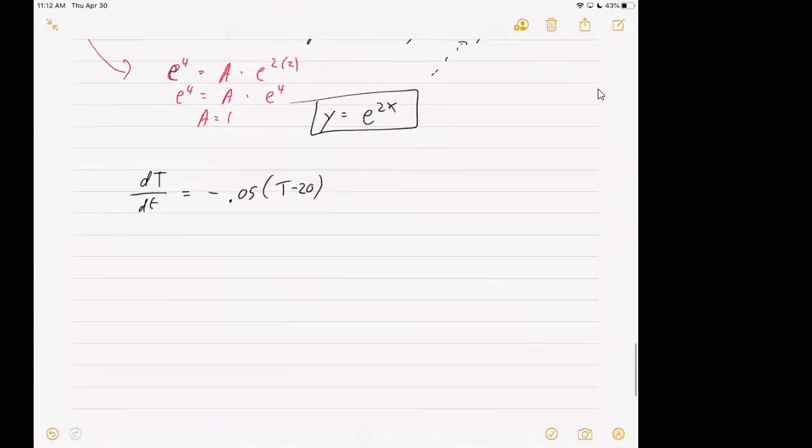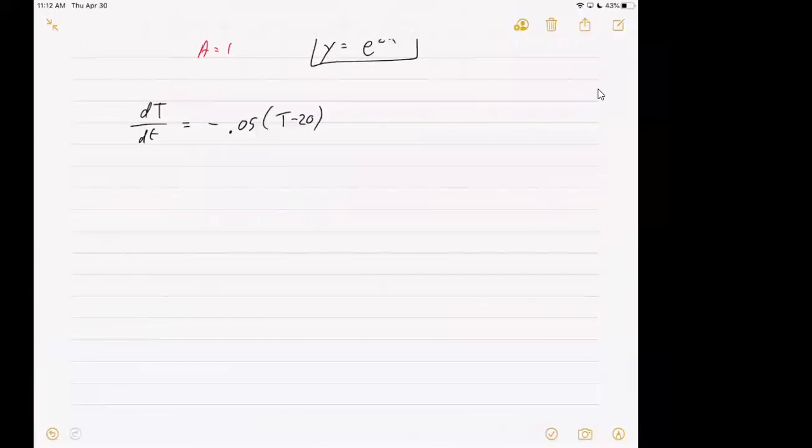And we saw that T equals 80 e to the negative 0.05 t plus 20 was a solution, but also T equals 60 e to the negative 0.05 t plus 20. We didn't actually show this one, but I said you could work through it just like we did the other. That would also be a solution, right?